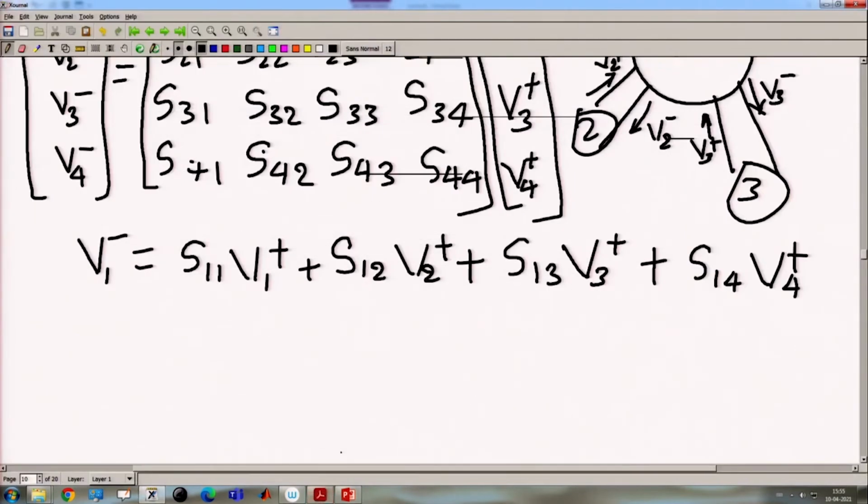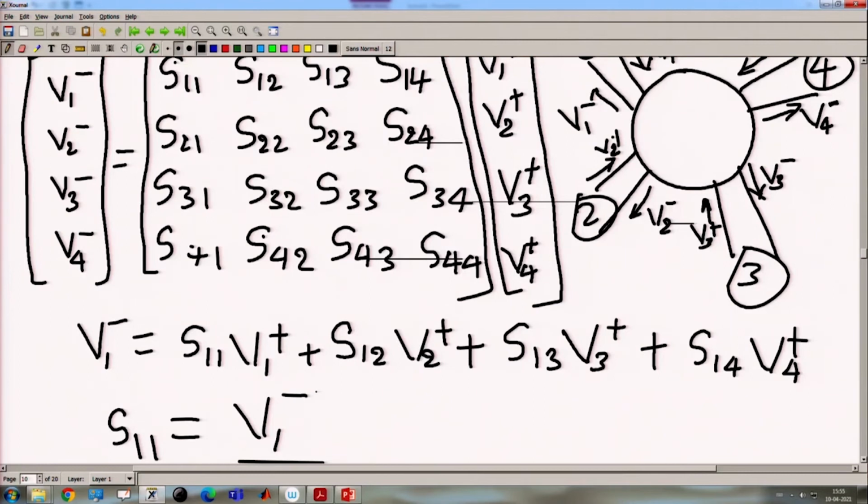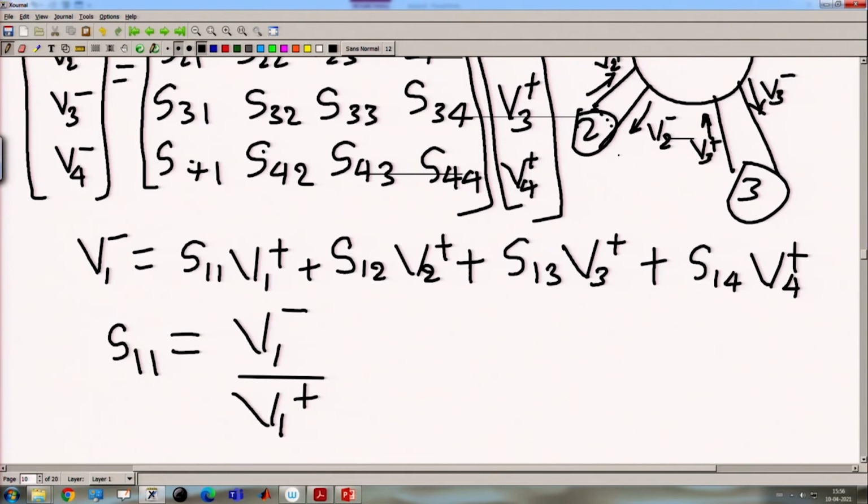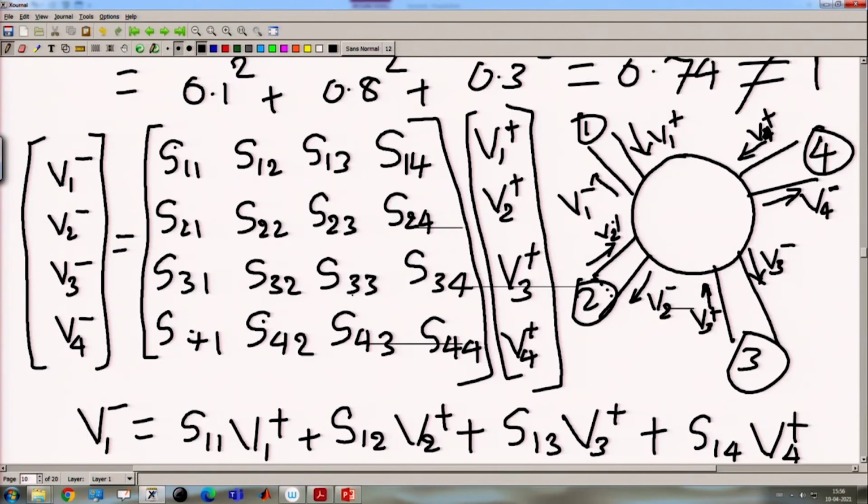S11 can be defined as V1 minus divided by V1 plus when V2 plus, V3 plus, V4 plus equal 0. That means all other ports are terminated with match load. In that case V2 plus, V3 plus, V4 plus will equal 0 because there will be no reflection from the load. So, for that case we have the S matrix available.